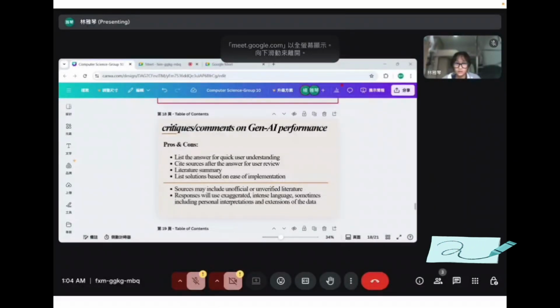After we finished our conversation with Gen AI, we concluded our experience and summarized the advantages and disadvantages of its responses.